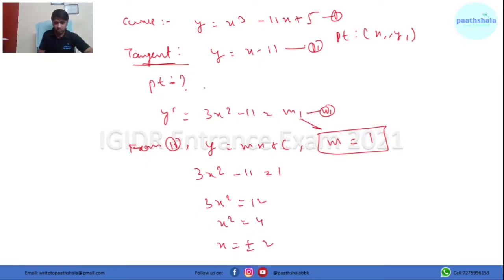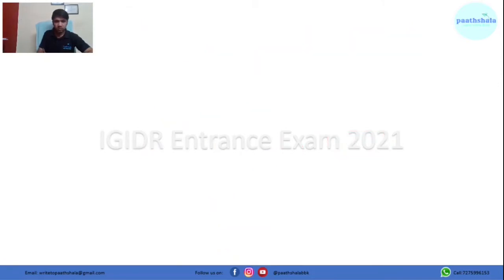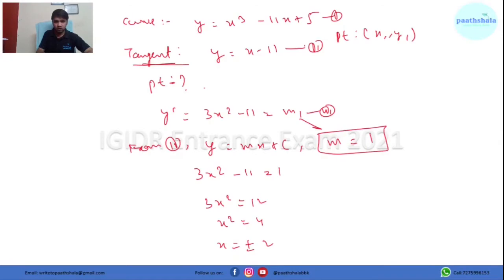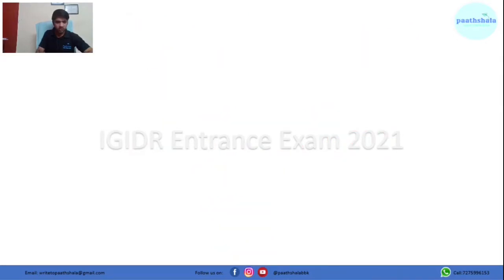Okay. Now corresponding each x, you are going to get the values of y. So in order to find out the value of y, you can put it in any equation. You can put it either in 1 or either in 2. Both will give you the same values. Okay. So let's take x equals to 2. So y will come out to be here if we are using the equation 2.